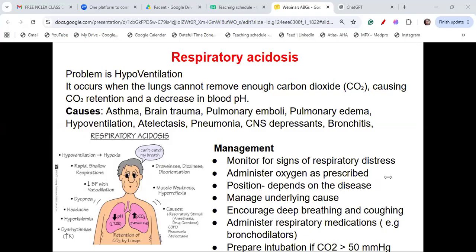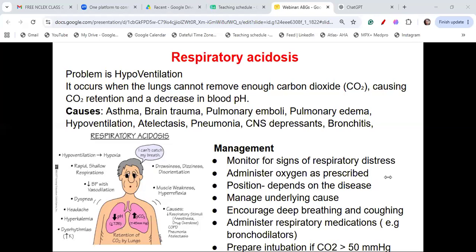So we have asthma, brain trauma, pulmonary embolism, pulmonary edema, hypoventilation, atelectasis, pneumonia, use of central nervous system depressants, bronchitis.